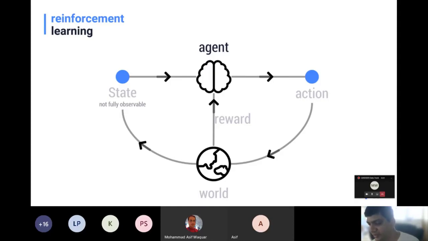So I don't know what your mood is going to be. I don't know what your religious preferences are. I don't know what other limitations you have, right? So my world of observation becomes fairly small and limited. And that's why we say that the state may not be fully observable, and the agent has to guess those things before it decides to take an action.